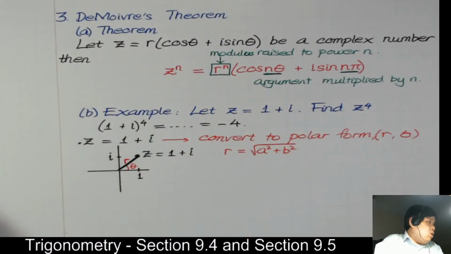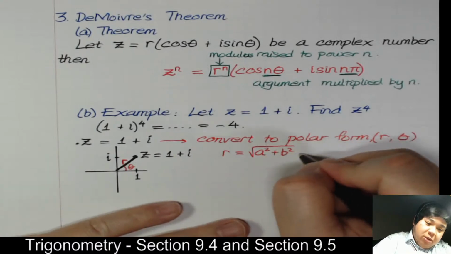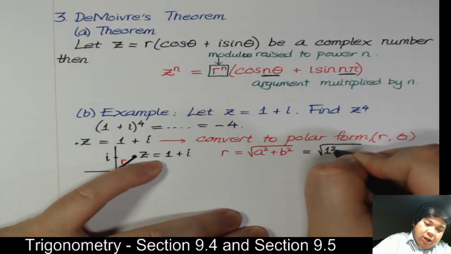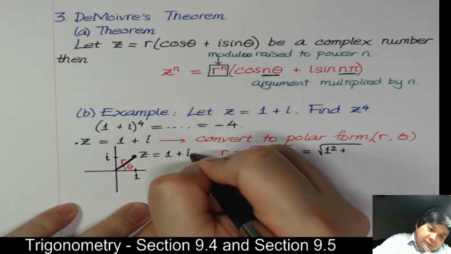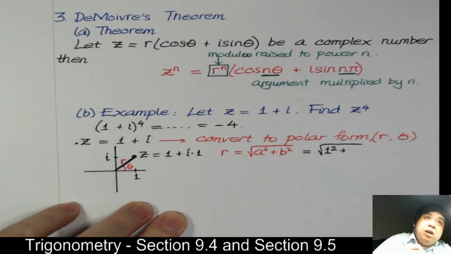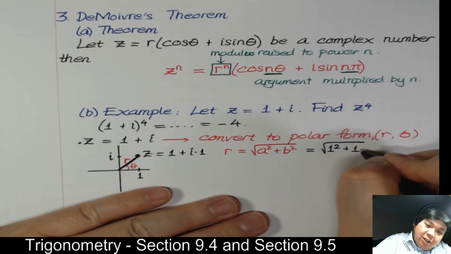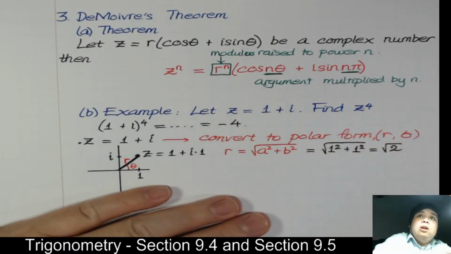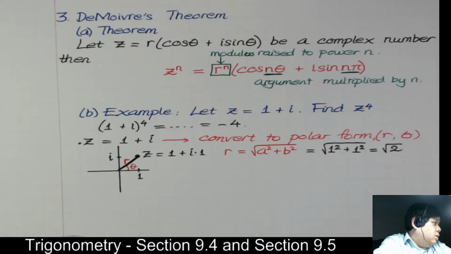Instead of x squared plus y squared, it is r squared equals a squared plus b squared. So square root of 1 squared, b is also 1, so we have square root of 2.